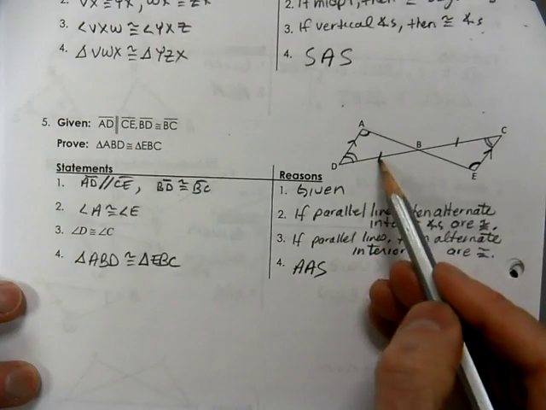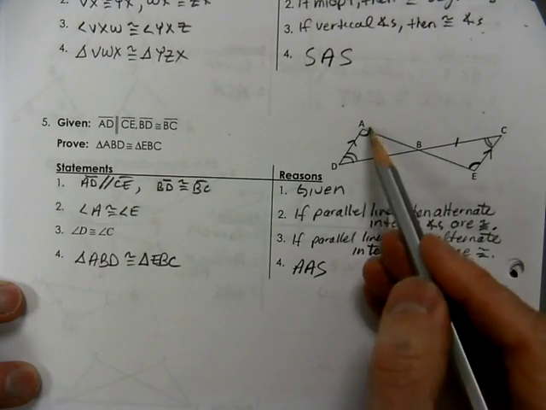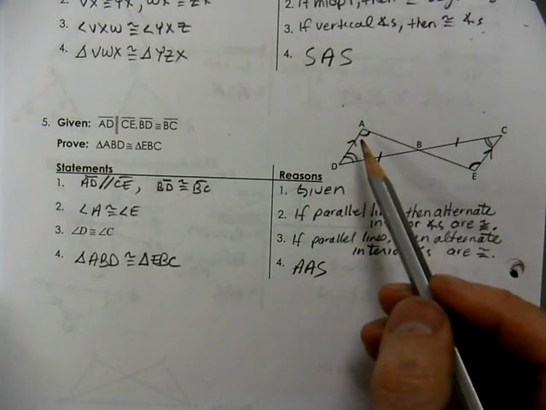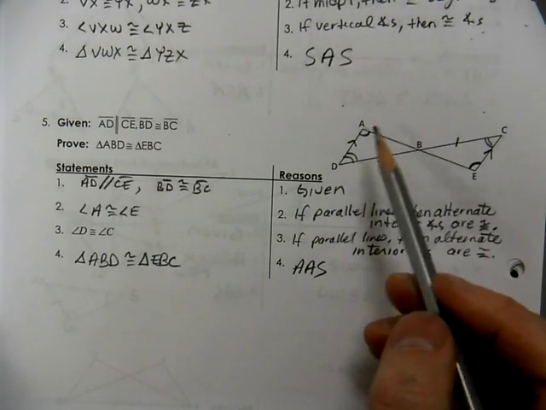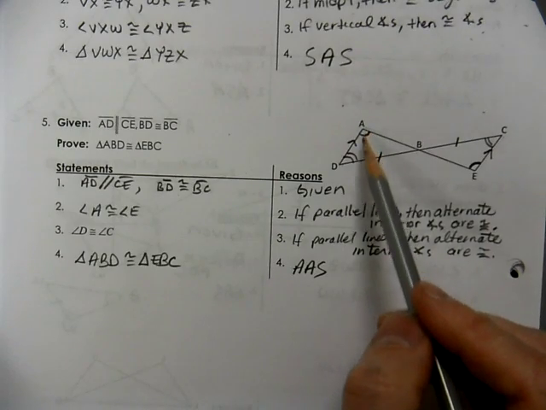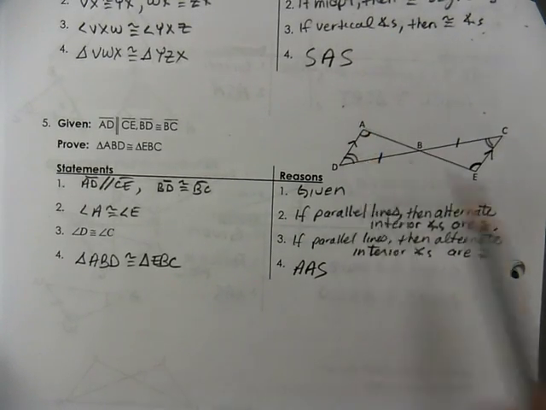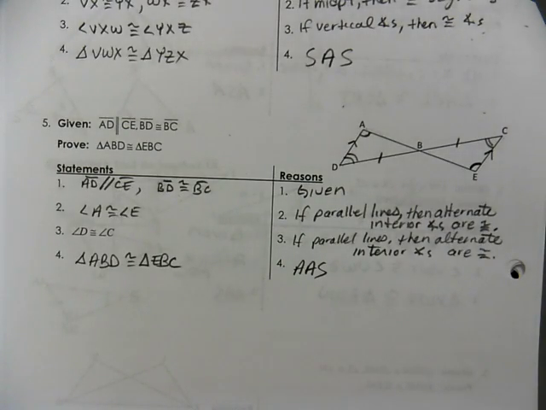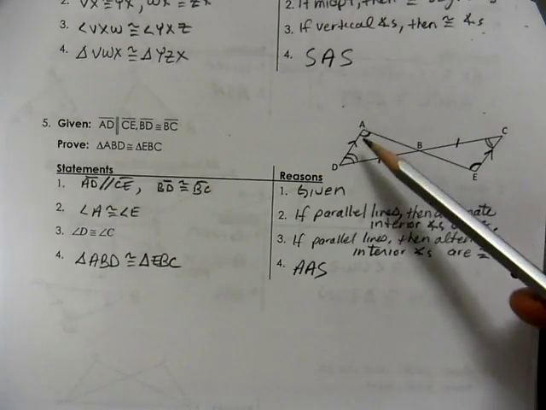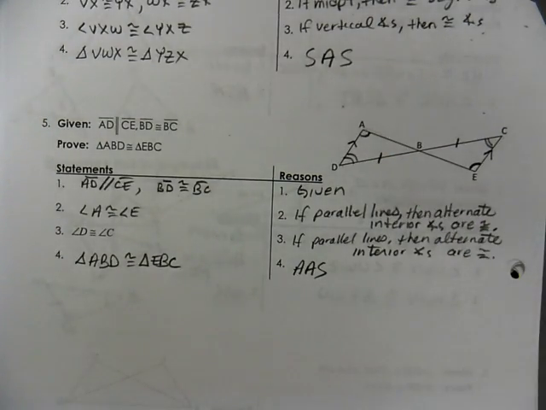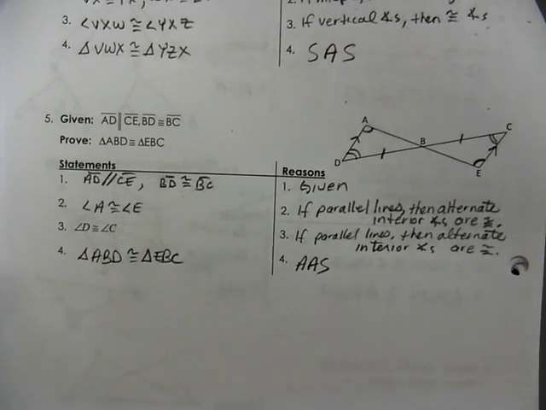We got 2 angles and the side non-interior, or we have 2 angles in the non-adjacent side. Two angles and the non-included side. That's why the S is on the outside.